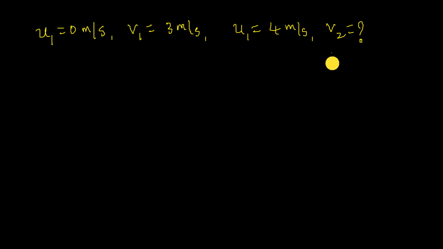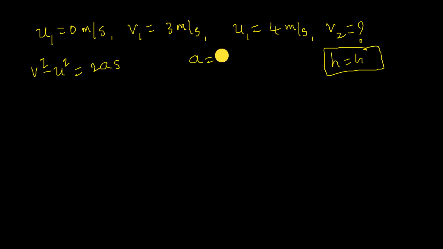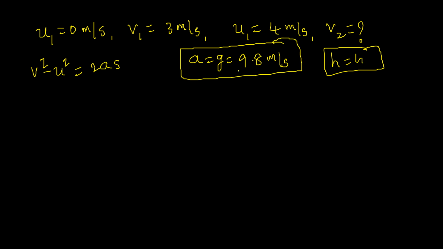In both cases h is the same. Now we have to find h. For that, v square minus u square equal to 2as, where a equal to g, that is 9.8 meters per second square.